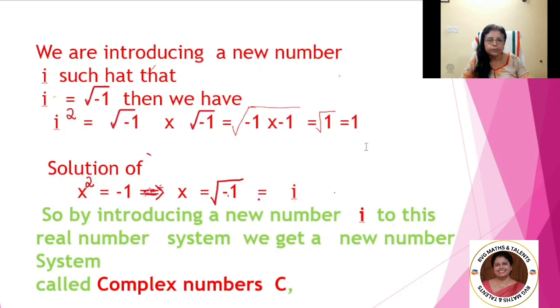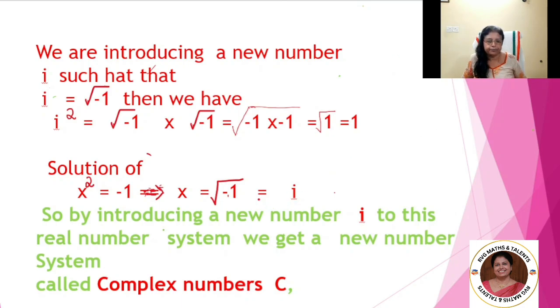So, the solution of x square equal to minus 1 implies x equal to root of negative 1. Here you can see it is root of negative 1 and that is equal to i. So, the solution of x square equal to negative 1 is i.